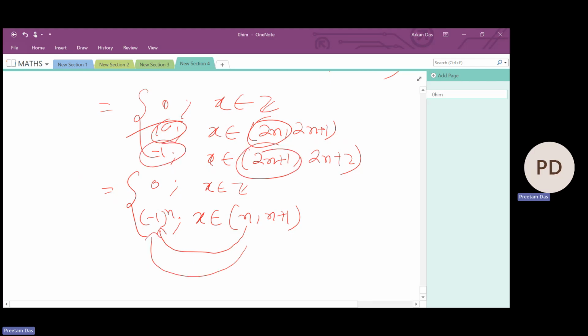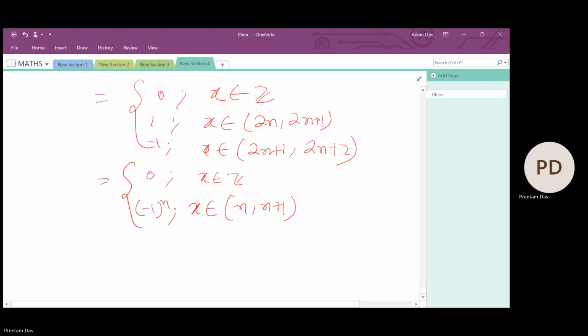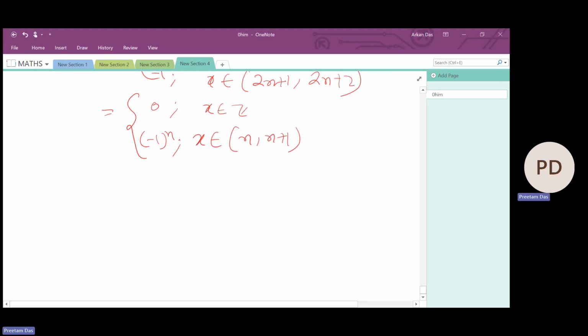So it is a compressed and easier way to write this function based on the pattern. So what will be the discontinuity of this? It will be discontinuous at all integer values, at all x belongs to Z.